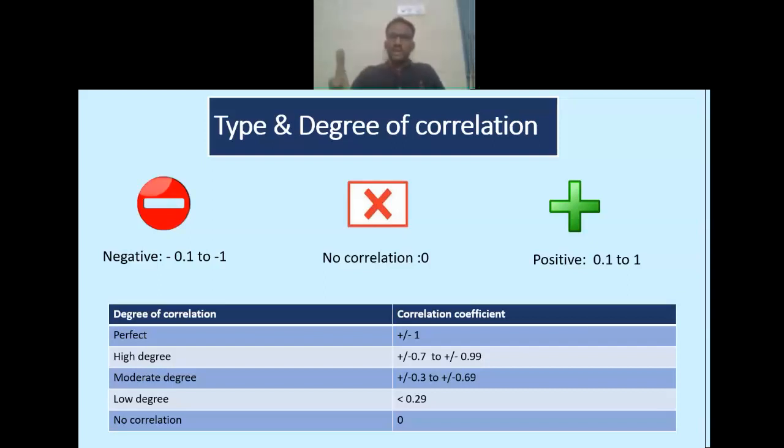However, that is the value we have to know. Anywhere between 0.7 to 0.99, we'll call it a high degree correlation. If it is positive, then positive high degree, or negative high degree correlation can be there. Any value between 0.3 to 0.69 can be considered a moderate degree correlation. And anywhere between 0.1 to 0.29 can be considered a low degree correlation. It can be either positive or negative.